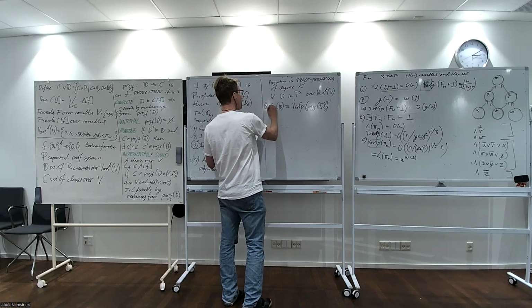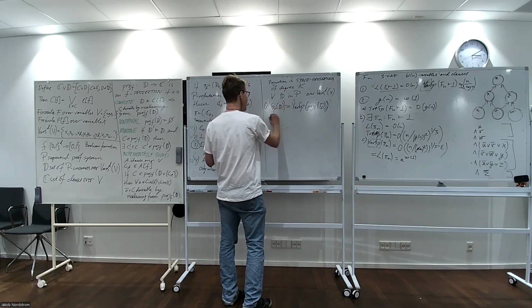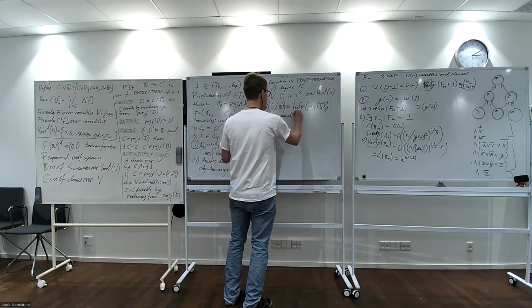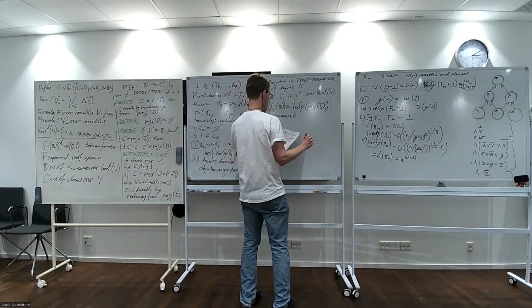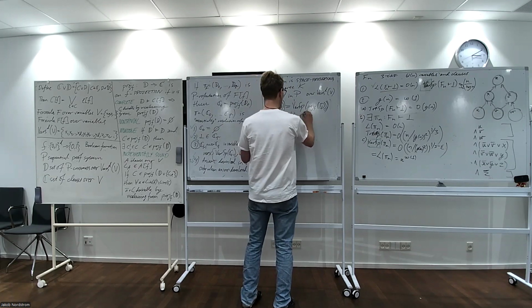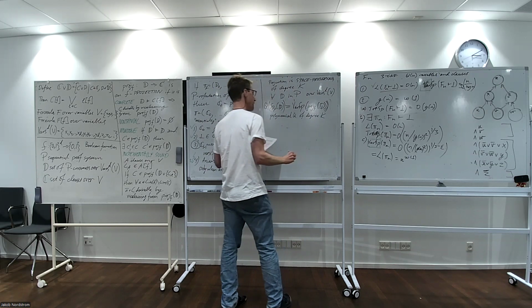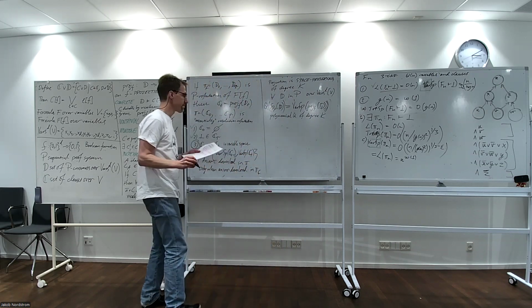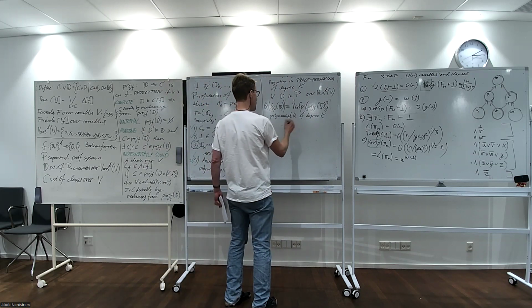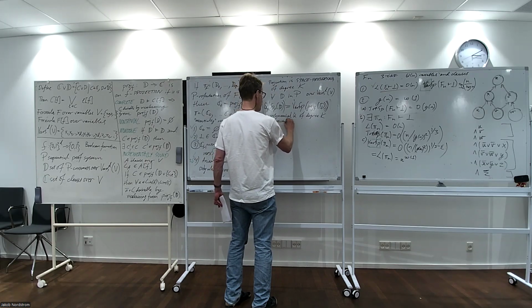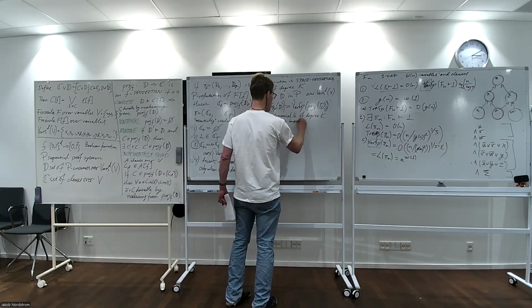But I can hope for Q of this for some polynomial Q of degree k, and I should probably say with positive largest coefficient or something like this.